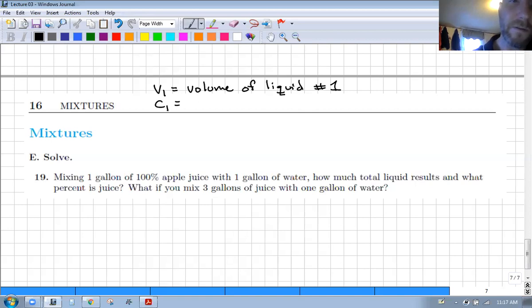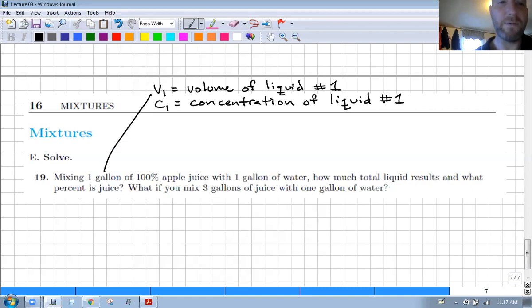C1 is the concentration of liquid number 1. So this first question here, we're mixing 1 gallon of 100% apple juice. V1 would be 1 gallon and C1 would be 100%.